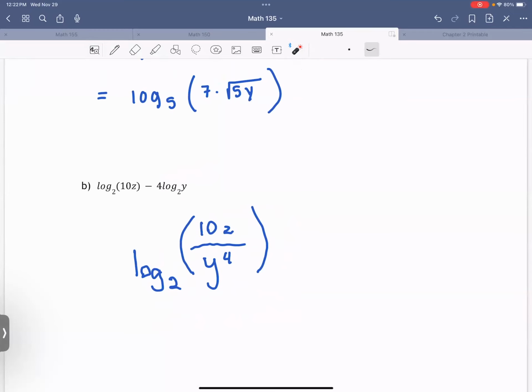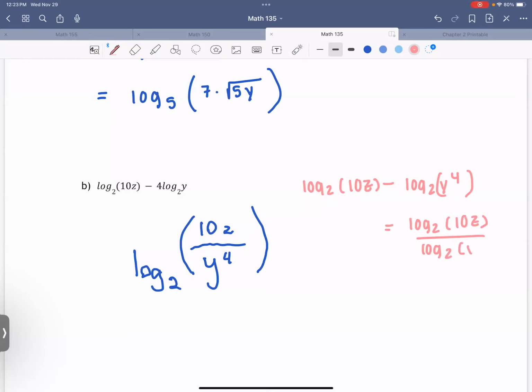I want to talk about one mistake that I saw. I didn't see it in this class, but I did see it in my 8 a.m. class. When we turn this into log base 2 of 10z minus log base 2 of y to the 4th, I saw a lot of people do this. They know that there's subtraction and it turns into division, but then they write it like this: log base 2 of 10z over log base 2 of y to the 4th.